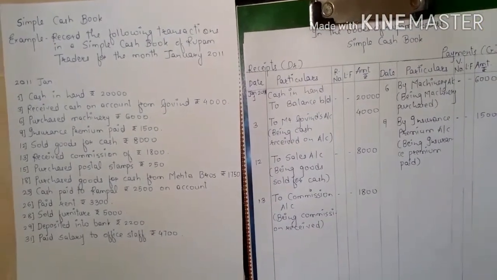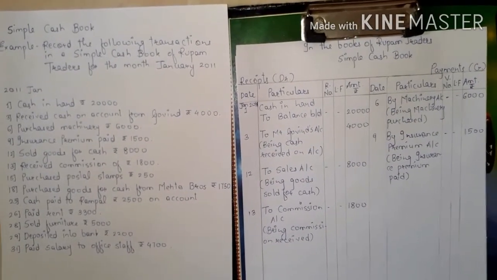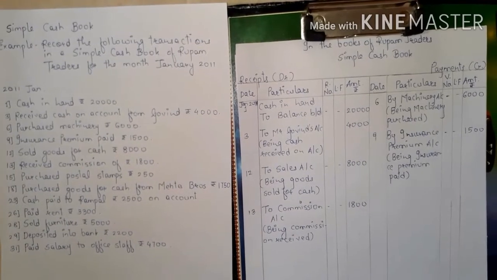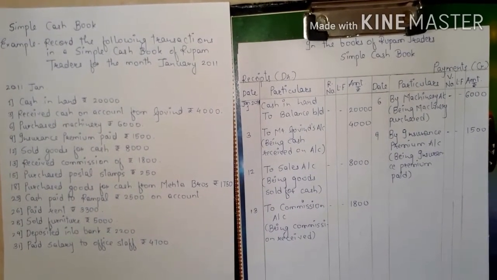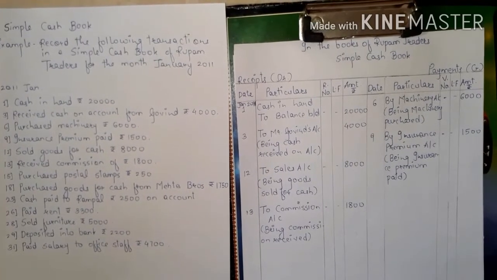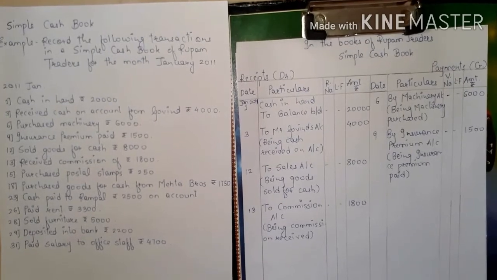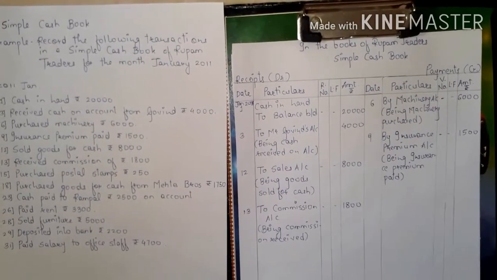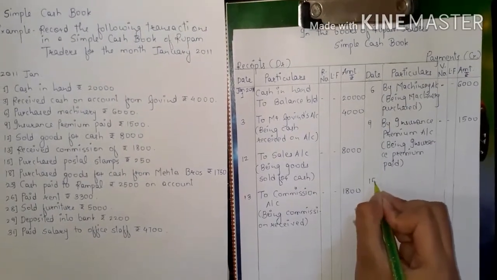Okay. Now next, purchase postal stamps rupees 250. Now here this is an expenditure for Rupam traders, that is we have purchased postal stamps of rupees 250. So we are paying over here, so that transaction we have to write down in the payment side. What is the date for that transaction? 15th of Jan.